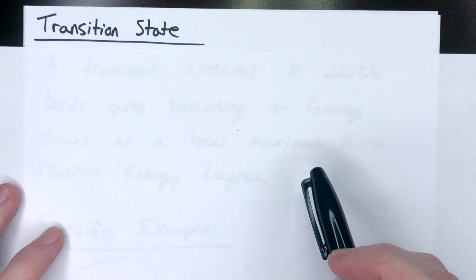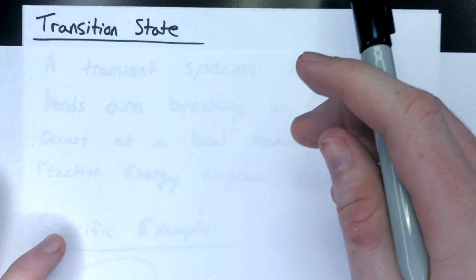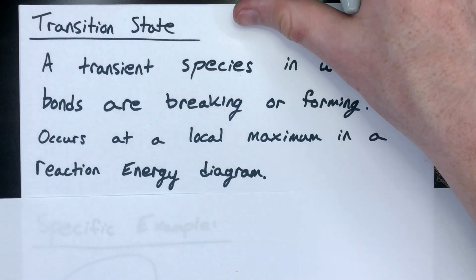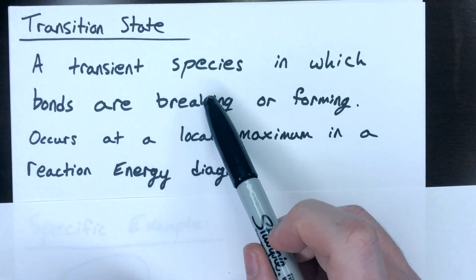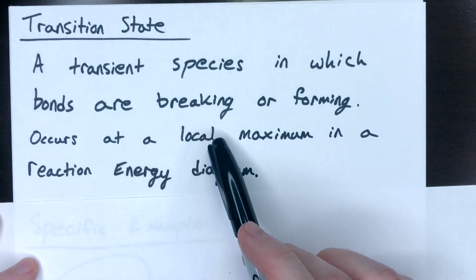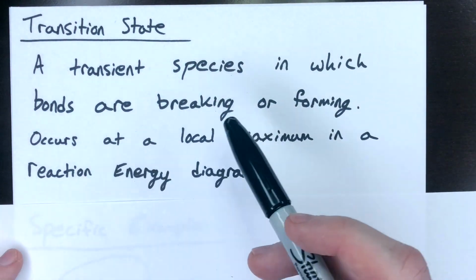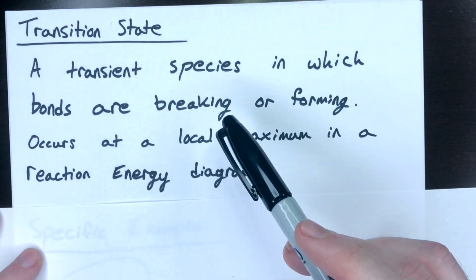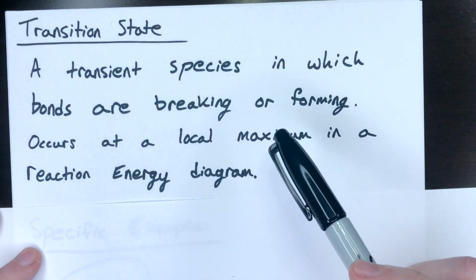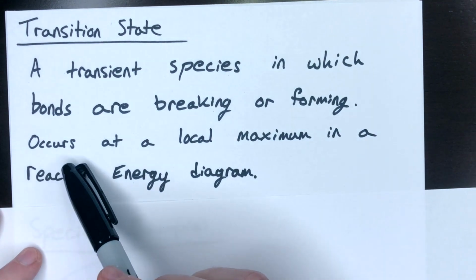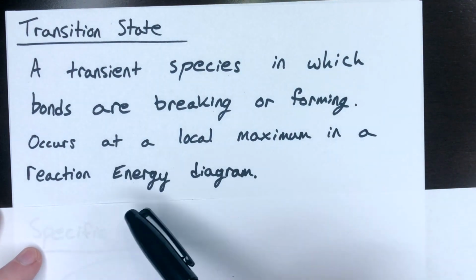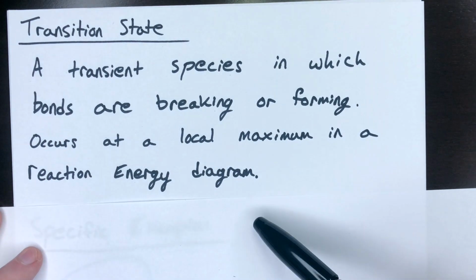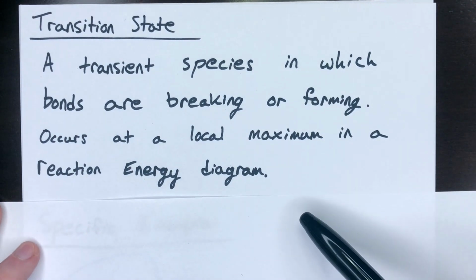All right, the next thing to talk about is the transition state. A transition state in a general sense is a transient species in which bonds are breaking or forming. They could be forming simultaneously, like is the case with SN2, but it's simply that some bond is breaking and some bond is forming at the transition state. This will occur at a local maximum in an energy diagram, a reaction coordinate. And we'll take a look at a few examples like that.